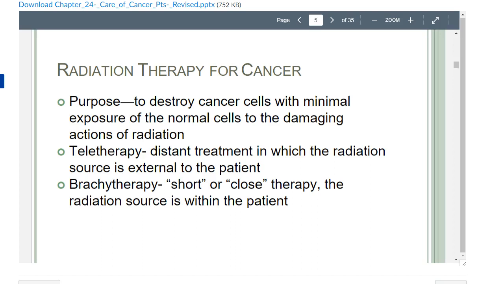And really, the total dose of radiation depends on the size and location of the tumor. Because think about some of the areas in which people get cancer. Some normal tissues are much more sensitive than others. The breast is obviously more tolerant of radiation than maybe the liver, okay?